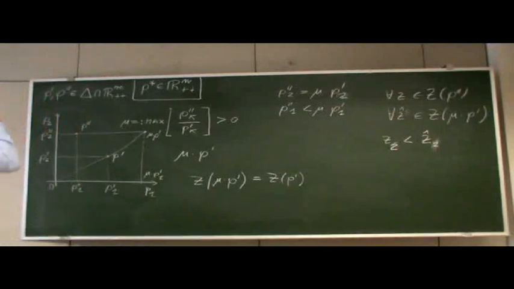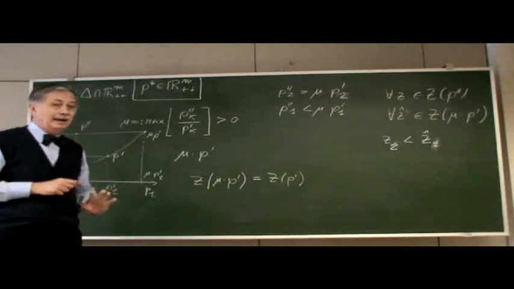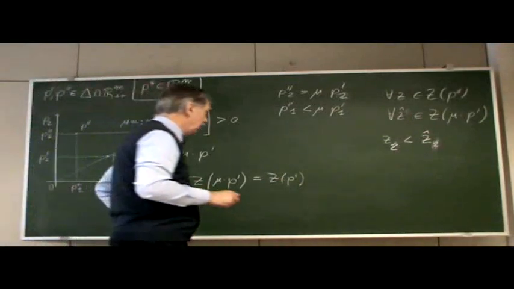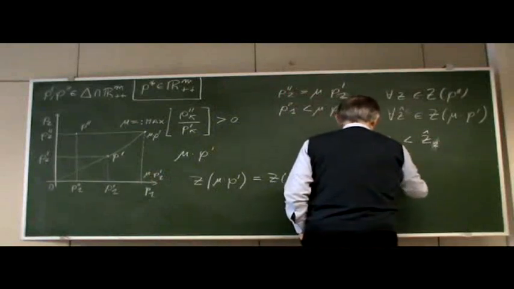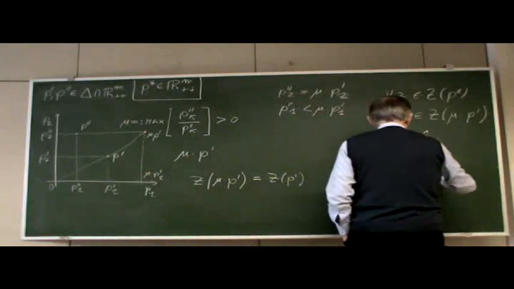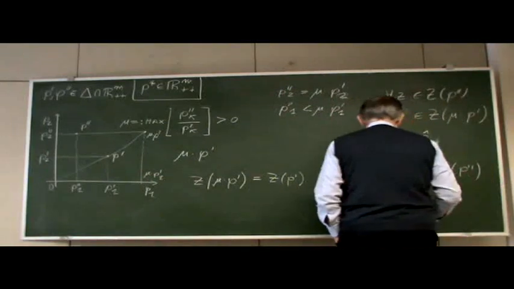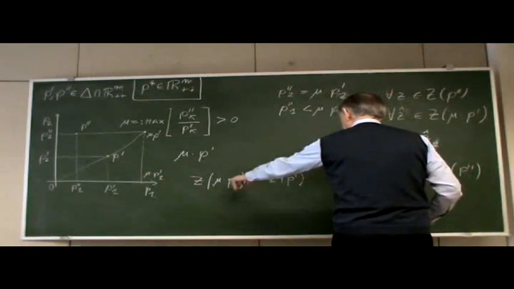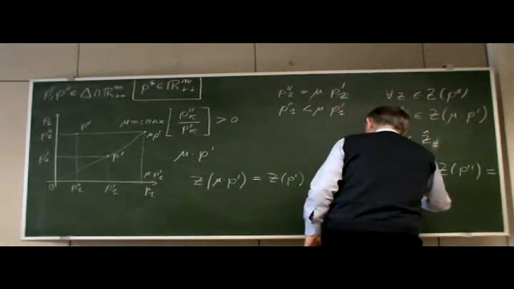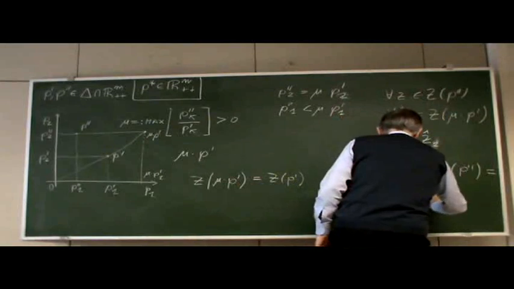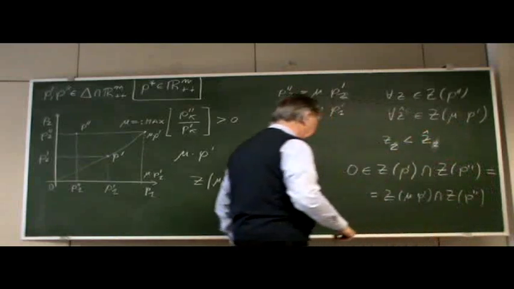But remember that both p prime and p double prime are equilibrium price systems. So 0 must belong both to z of p prime and to z of p double prime. But since z of p prime is equal to z of mu times p prime, this equality being justified by the absence of monetary illusion, 0 belongs to the intersection with z of p double prime.